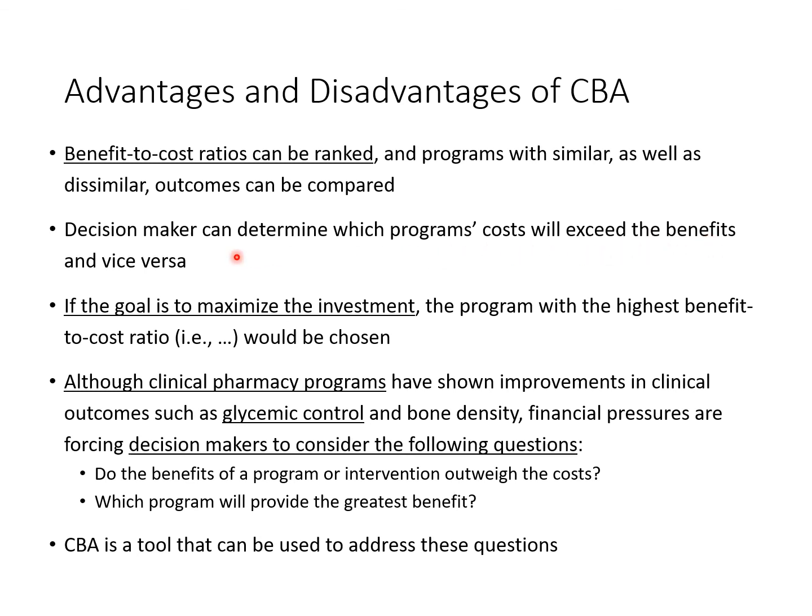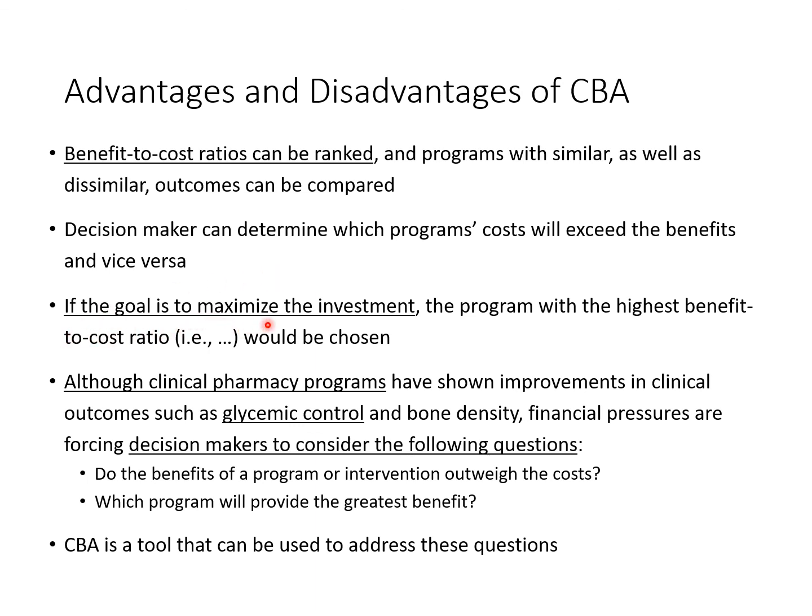So in other words, decision makers can determine which programs are not cost beneficial. When we say cost exceed benefits, so we are saying not cost beneficial, and vice versa. Decision makers can determine which programs are cost beneficial. In other words, the benefits exceed the cost.